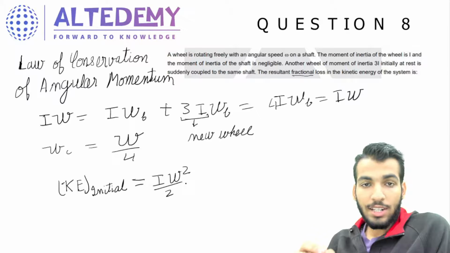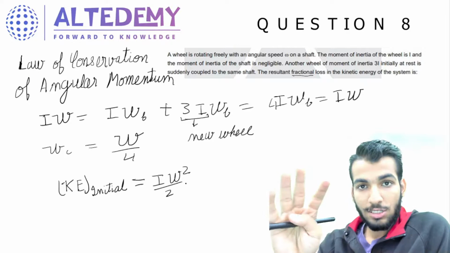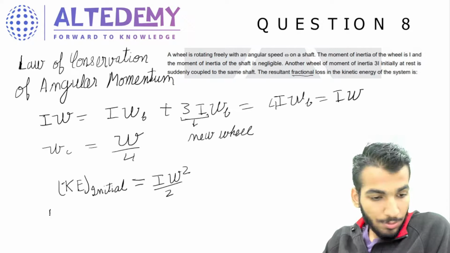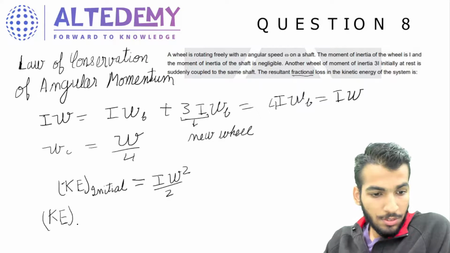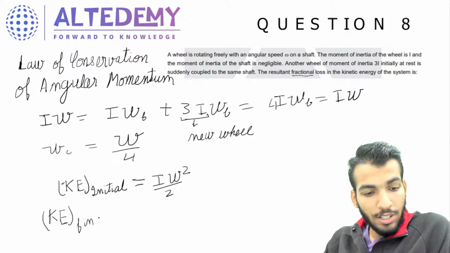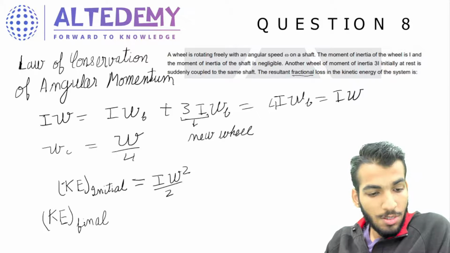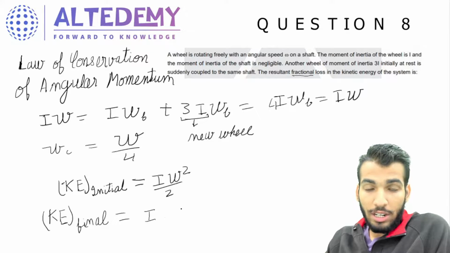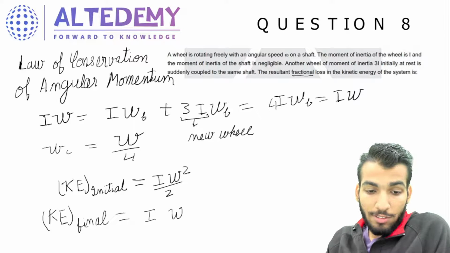Now final kinetic energy, that means the kinetic energy of the entire system at the final instant, KE final, will be equal to I omega f square by 2, and we know what omega f is, omega by 4.